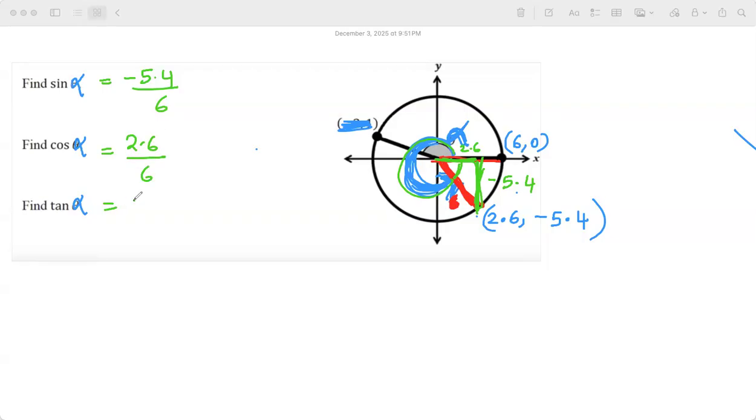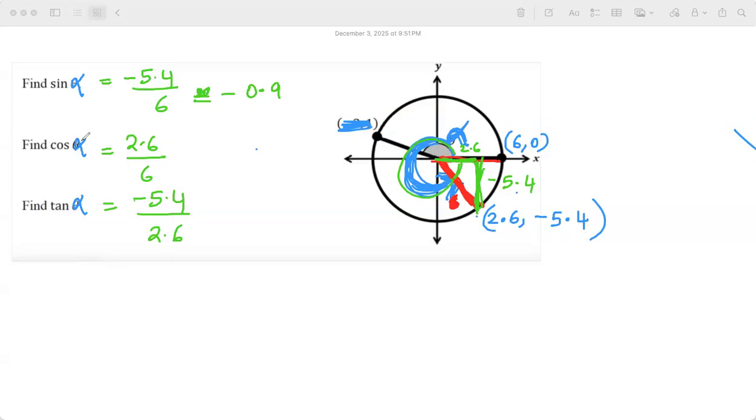Tan alpha is opposite by adjacent. I need to have a calculator to do this. So approximately this is going to be minus 0.9 approximately, because Miss Priya, is the cosine theta not negative?